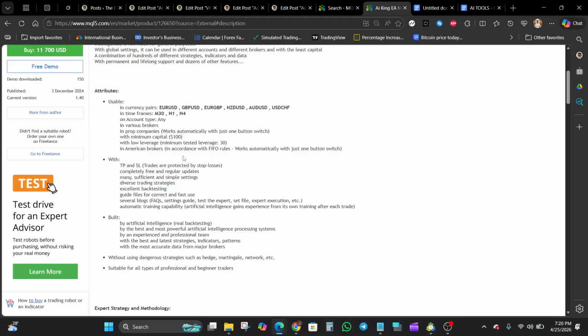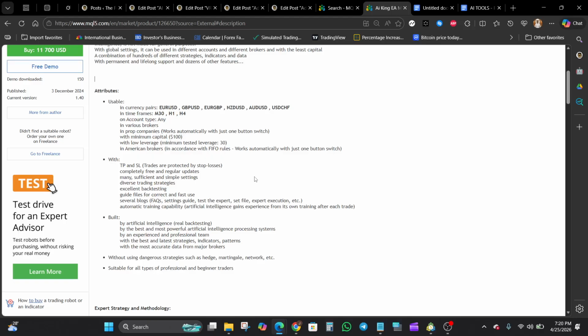Okay, now let's talk about the non-martingale, non-hedging approach. This is important. It means that each trade is treated independently with its own stop loss and take profit. So risk is defined upfront, and there is no stacking or recovery system to increase exposure. That's a strong point in terms of risk control. Another key element is the dynamic take profit and stop loss system. Instead of fixed values, the EA determines stop loss and take profit levels based on its internal logic. This allows it to adapt to market volatility, trade structure, unexpected movement.